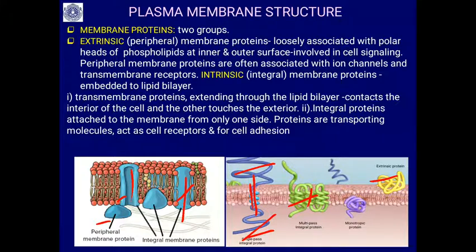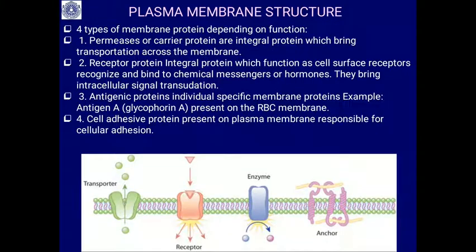Then some integral proteins are attached to the membrane on only one side. Proteins transport molecules and act as cell receptors. They have many functions we will discuss later. They may span 4-5 times, or like this here, only one time. These are different types of integral or intrinsic protein.